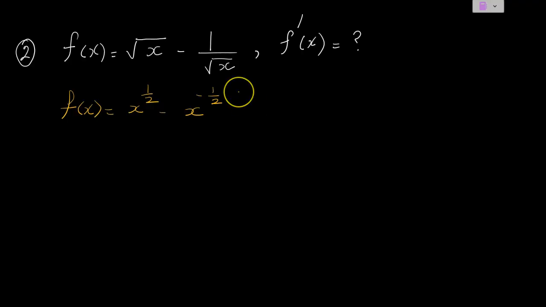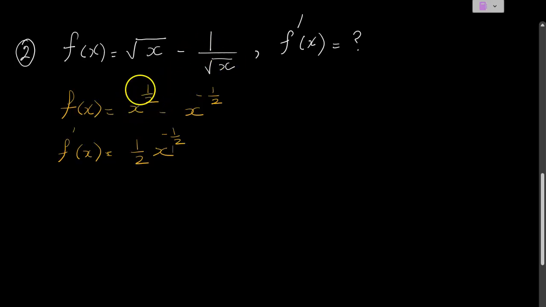All right, now let's go through the derivative. The rule says 1/2 comes to the front, x, and then 1/2 subtract away 1, so that would be negative 1/2. So that's the derivative of the first term right there. Minus, now we're going to do the same thing.